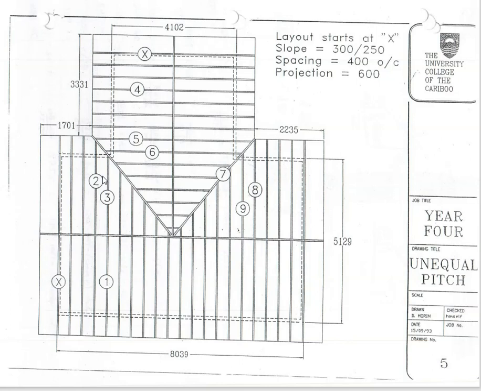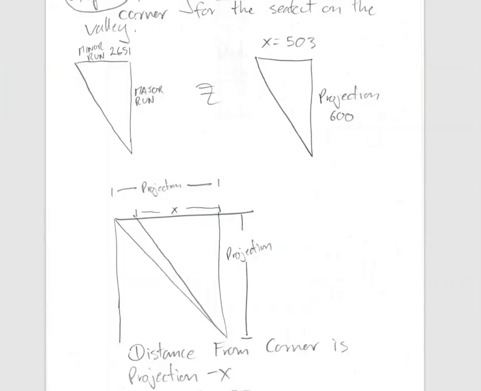So if you can see, that's what this triangle would be right here. So if our major and minor run come to the back corner here, we've just taken a triangle and proportioned it off against here, right? So the projection here will be the 600, and this distance here will be x. And that's what we've just figured out there.